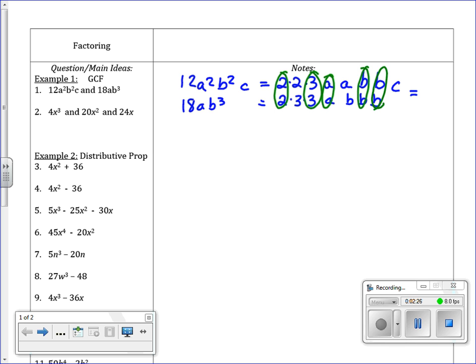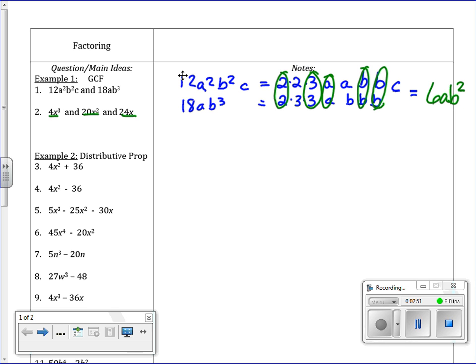So my greatest common factor for 12a squared b squared c and 18ab to the third would end up being 6ab squared. Okay, go ahead and try to figure out what the greatest common factor would be of 4x to the third, 20x squared, and 24x.